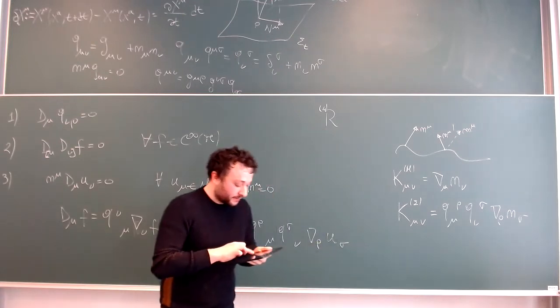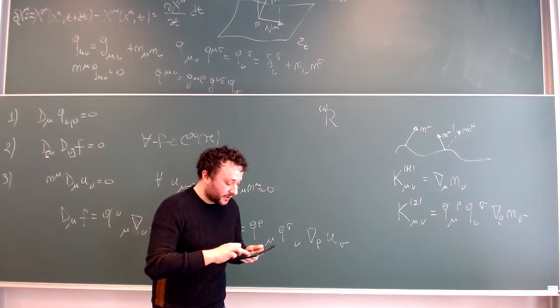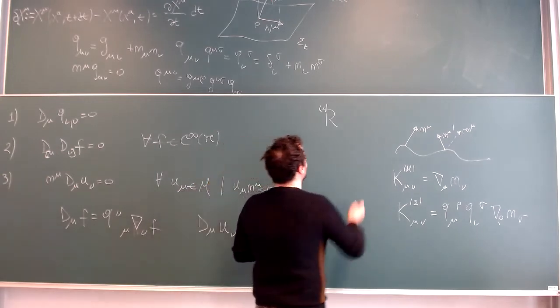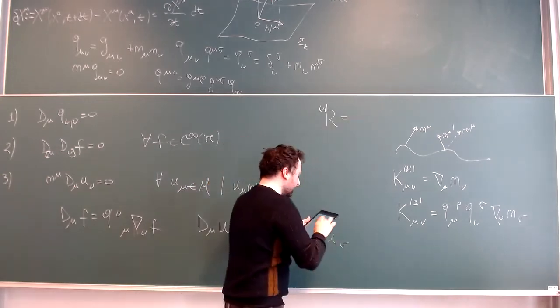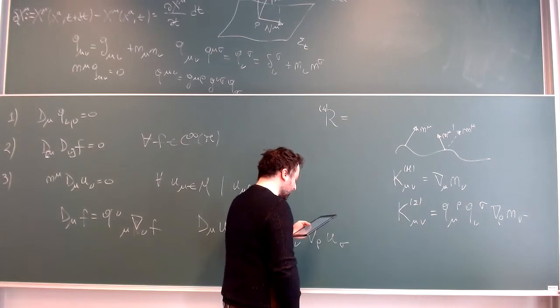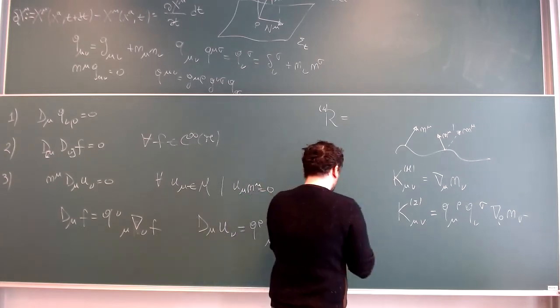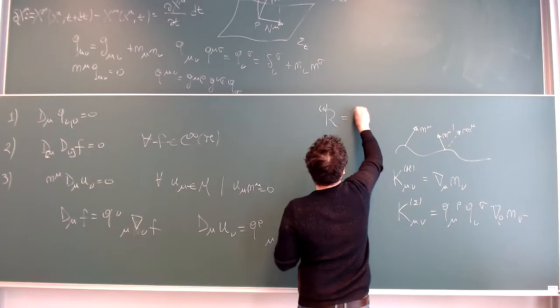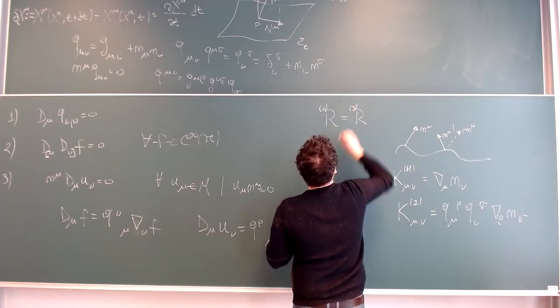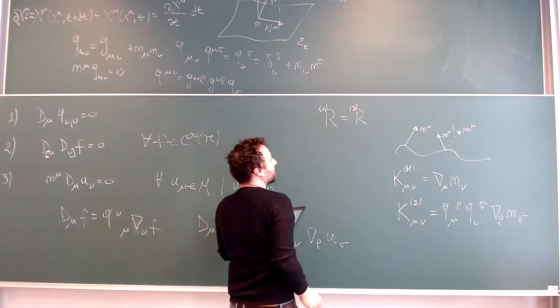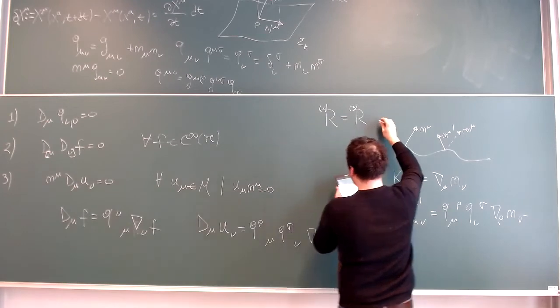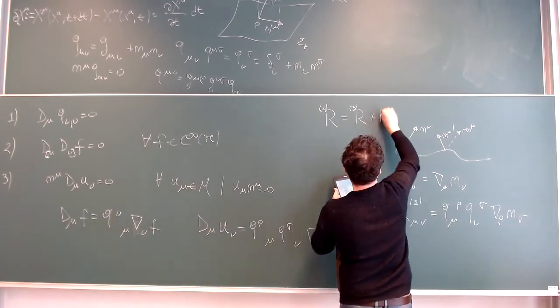I told you there are like three pages of calculation, so it is not worth doing all of this. But the final result is that the relation between the four-dimensional and the three-dimensional Ricci scalar is this.